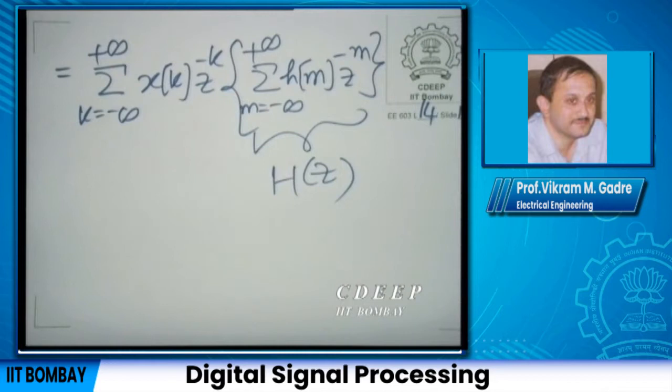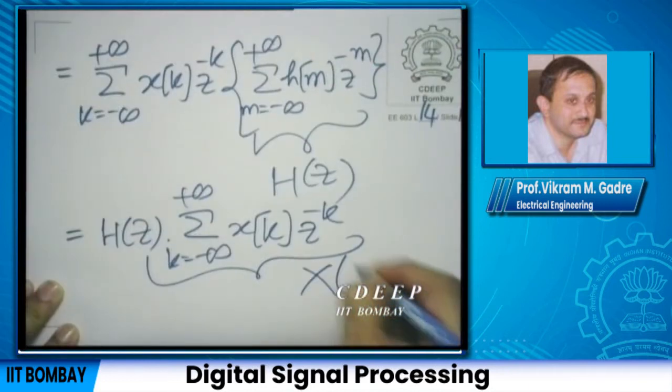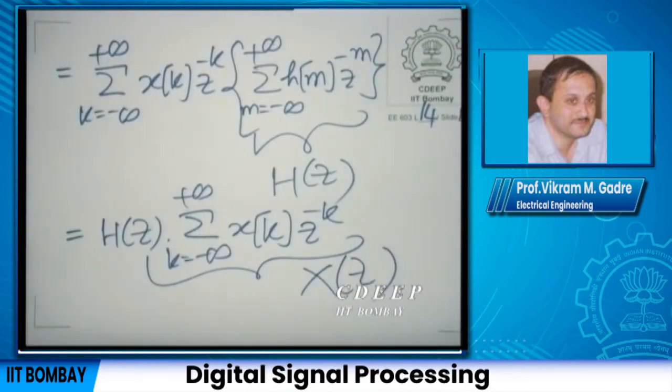So, I can draw h z outside the summation because it is independent of k, and that leaves me with this, but then this happens to be x z, and therefore, we have a product of h z and x z.